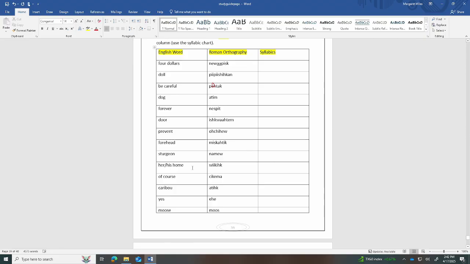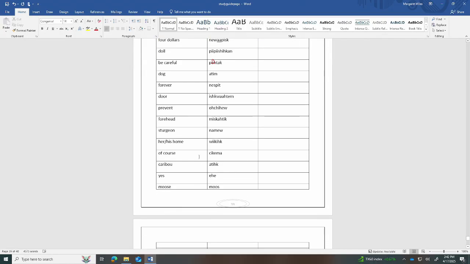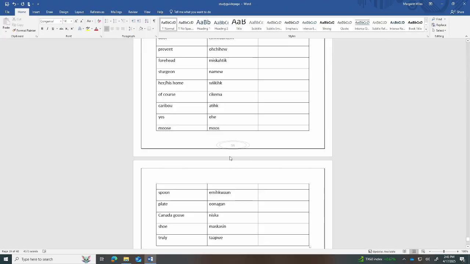Her, his home, Weekik. Of course, Chigema. Caribou, Atik. Yes, Ehe. Moose.